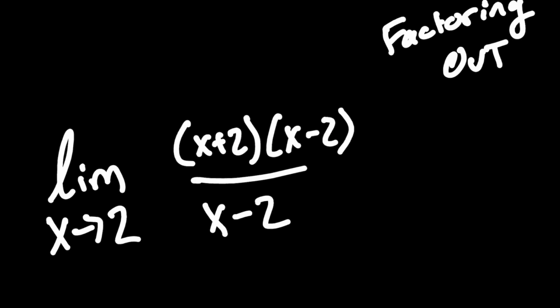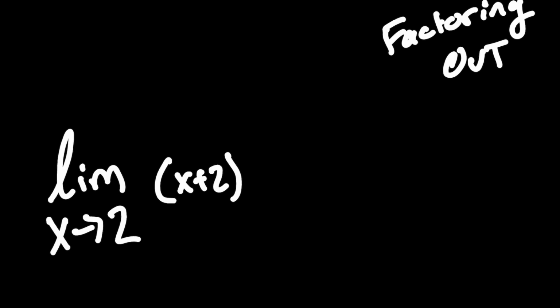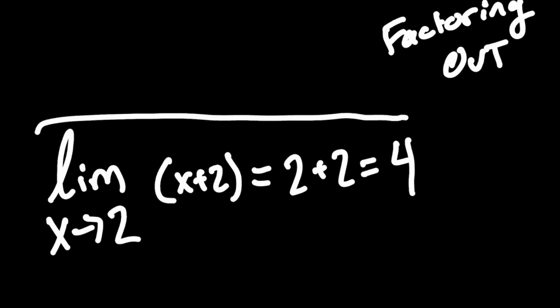Alright, now that we factored x plus 2, x minus 2, which was the difference of squares we originally had, we can cross out this x minus 2, x minus 2. Thus, we're left with only an x plus 2. Now we can go ahead and solve this limit. This is going to give us a direct substitution, 2 plus 2, and our limit is actually going to go to 4.